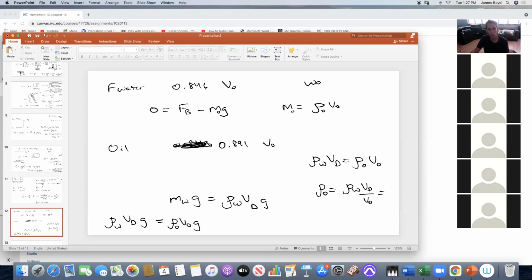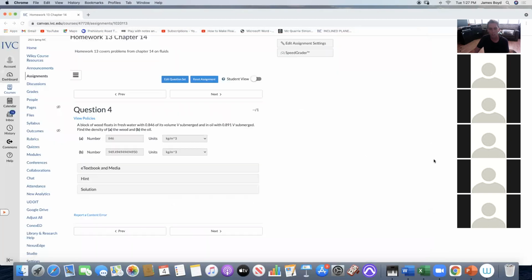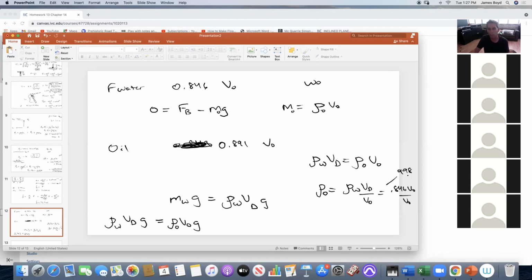VD, we said, was 0.846 in fresh water. V naught over V naught, and water, if we use their 998 or whatever, 998 for the density of water, I get that the object's density, or the wood, should be 998 times 0.846.